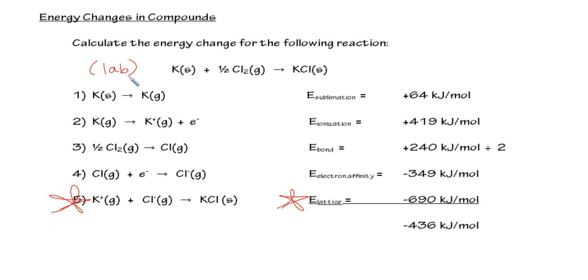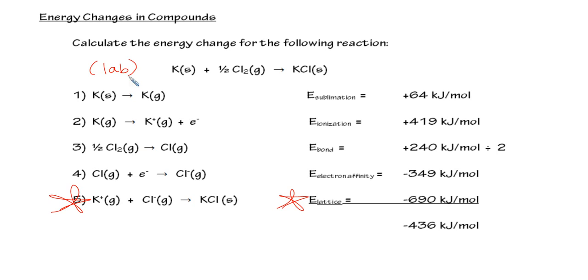Well, now I've got the potassium in the right phase, it's the gas phase, but now I need to make them into gaseous ions. That's ionization energy. So the second step in this series is to take the potassium gaseous atoms and remove the electron to form the potassium ion. Ionization energy is also an endothermic value. We have to add energy to remove an electron from a positive nucleus.